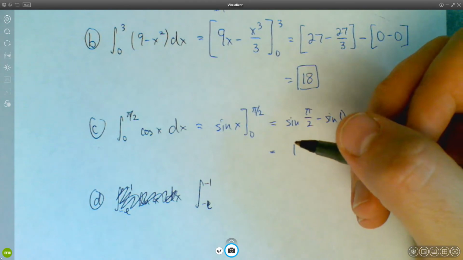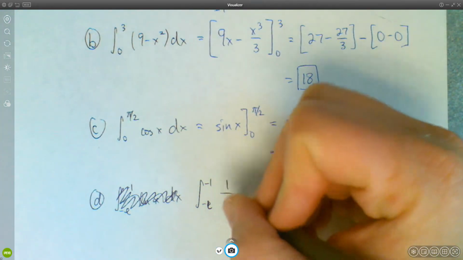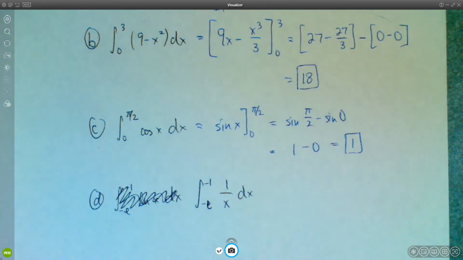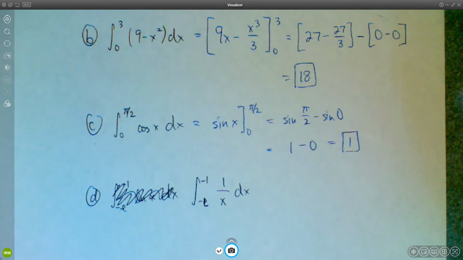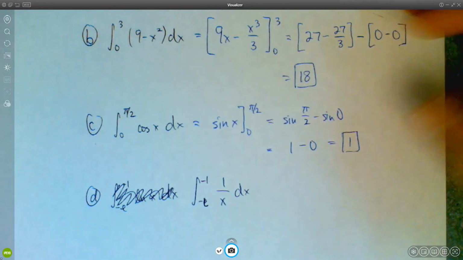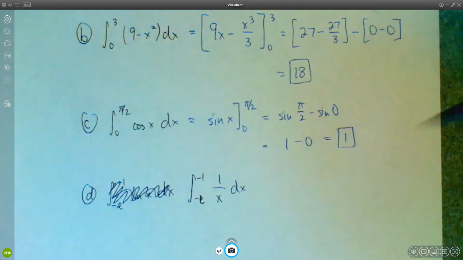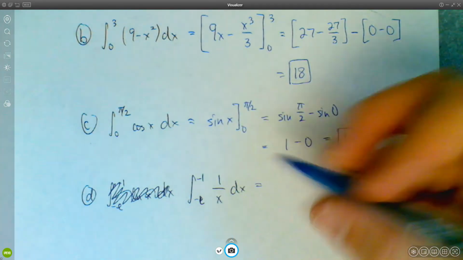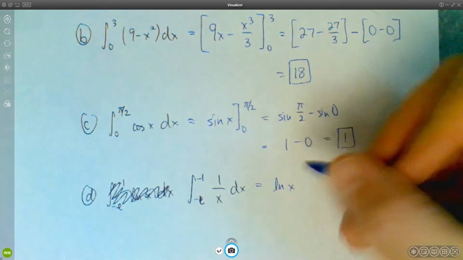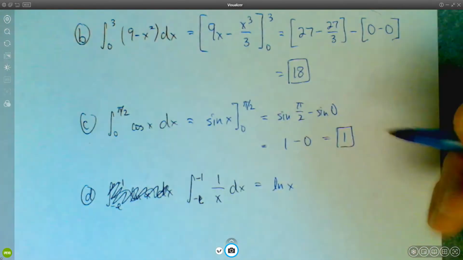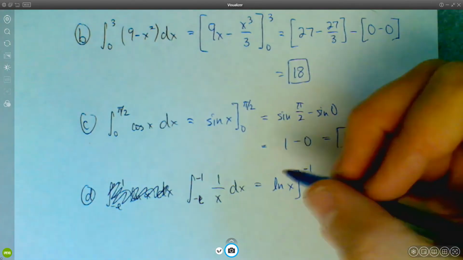Well, you'll learn how to integrate that in Calc 2, in your next calculus class. But I think this is the one that I intended actually. And I've kind of given it away because I wrote down ln of x already. But yeah, the antiderivative for 1 over x would be ln of x, right? Because the derivative of ln of x is 1 over x. So anyway, that was silly, wasn't it?